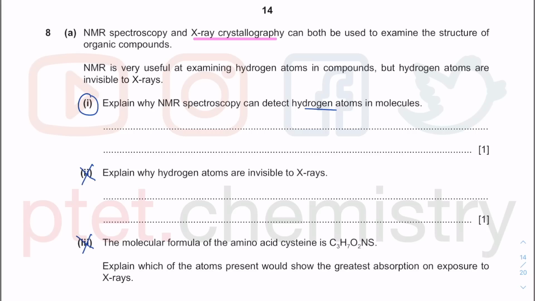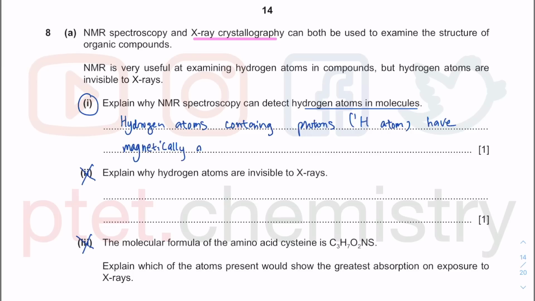So how can I detect hydrogen atoms in molecules? Specifically, hydrogen atoms containing protons. Essentially, we're talking about the hydrogen-1 atom. They have magnetically active nuclei, and it is this thing that is used in these magnetic spins, where we don't talk too much about spin up and spin down, but we're talking about nuclear spin.